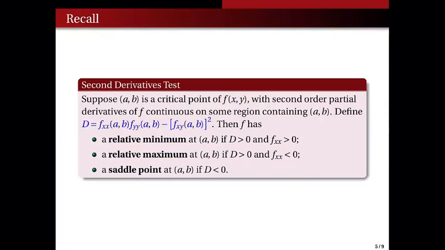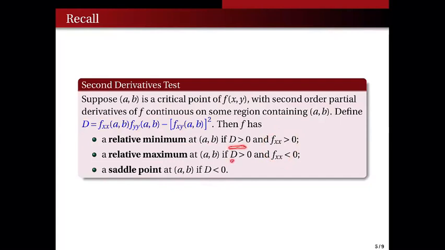Okay? Now, we say that f has a saddle point at (a, b) if your D is less than 0. So we don't care about the sign of f sub xx if your D is negative. Now, look at this.